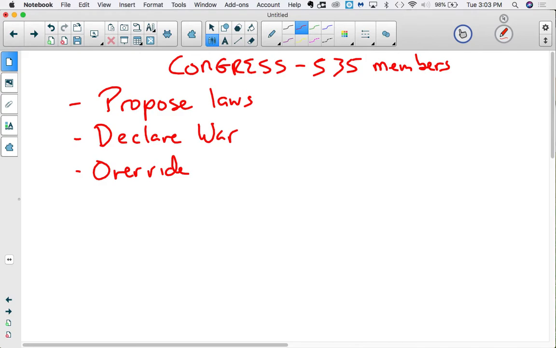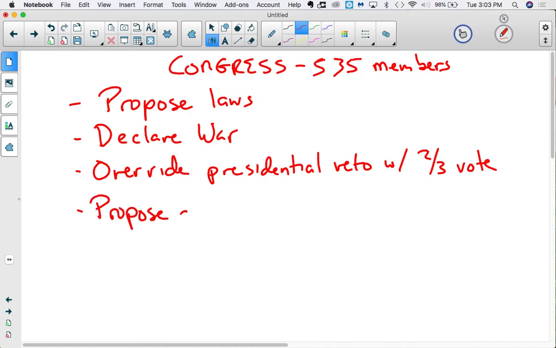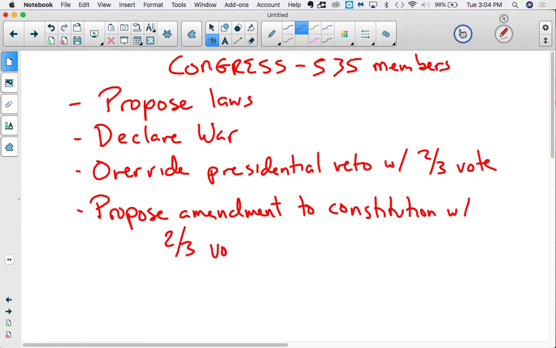They can override a presidential veto with a 2/3 vote. So if the president vetoes a law, it goes back to the Congress, and if 2/3 of them agree to it, they will override the presidential veto. That's a check on the president. And they can propose an amendment to the Constitution with a 2/3 vote.